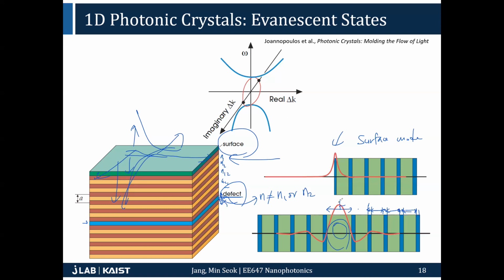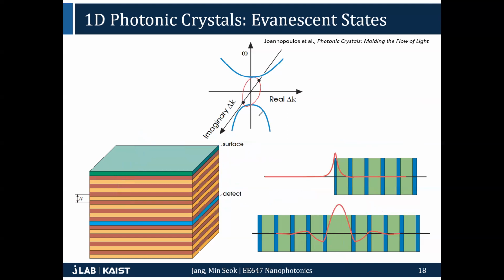And when you have a defect, this defect supports a localized mode. This localized mode exponentially decays as it moves away from the defect point. And that also can be explained by this imaginary k-vector mode. So how to explain this? Let's say your omega is in this regime.